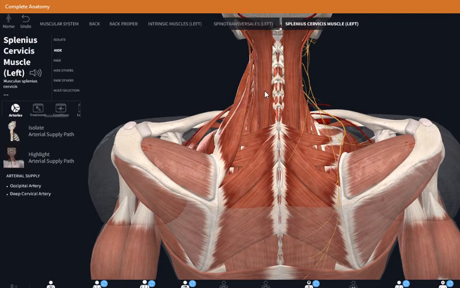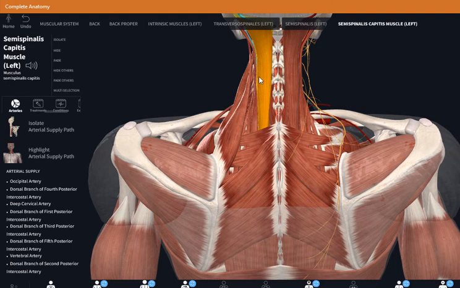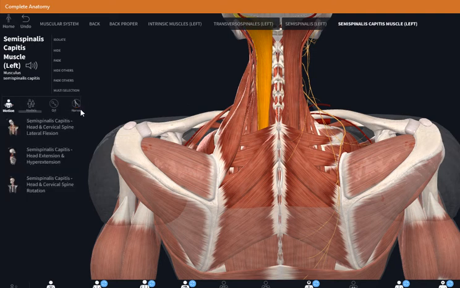Now this muscle here is called the semispinalis muscle. The semispinalis muscle has a certain nervous supply and certain motion. Let's start with the isolation of this muscle.